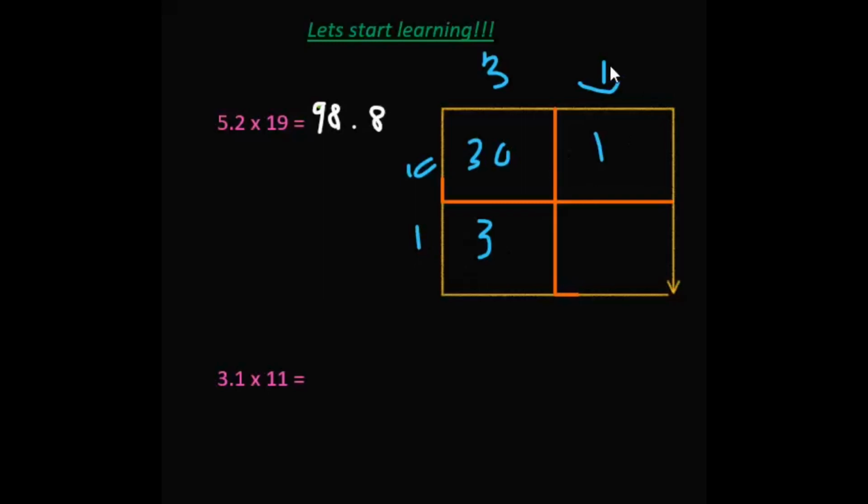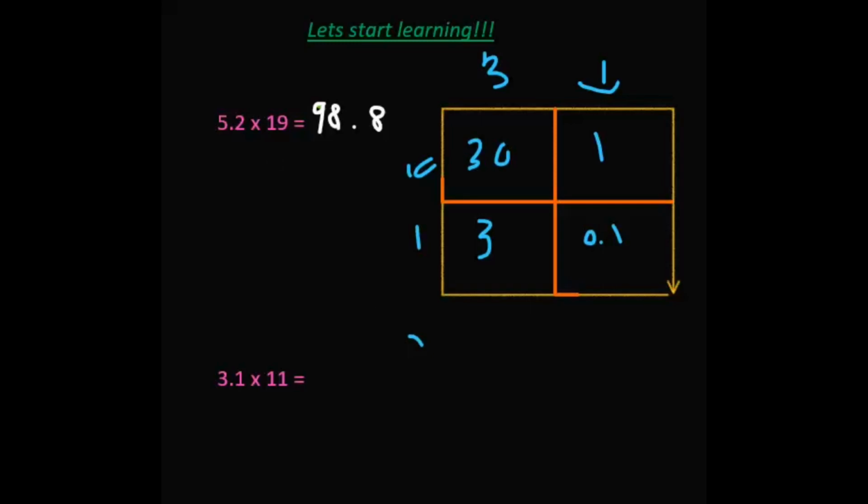And then let's do 1 times 0.1. Okay, so we know that anything times 1 equals itself. So 0.1 times 1 should equal 0.1. Okay, perfect. Now that we have all our partial products, let's do the addition.